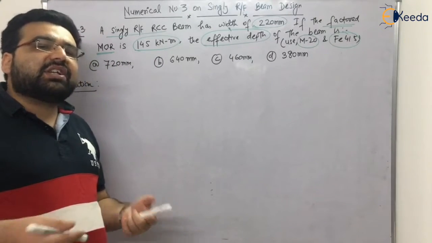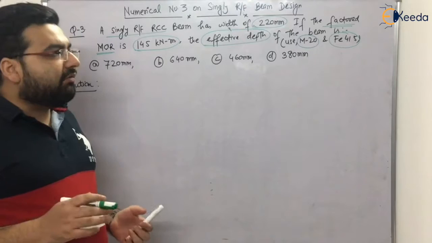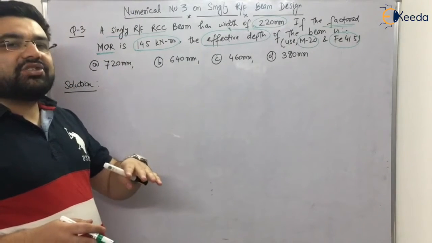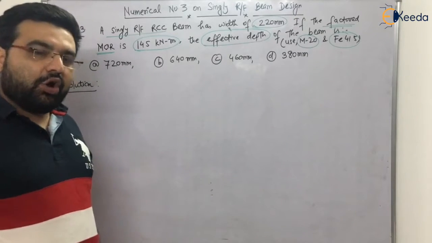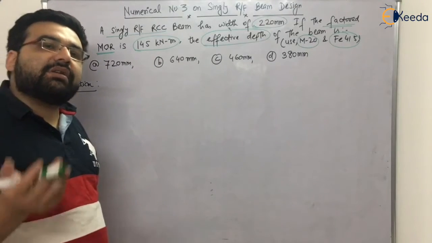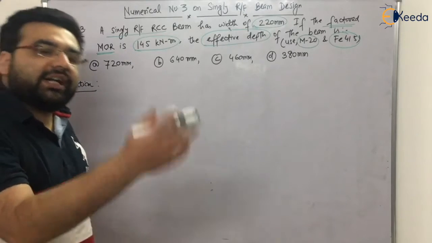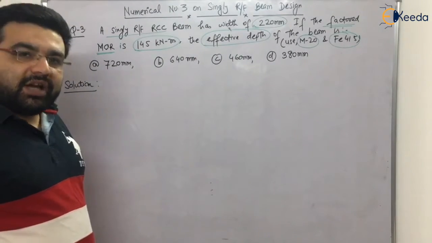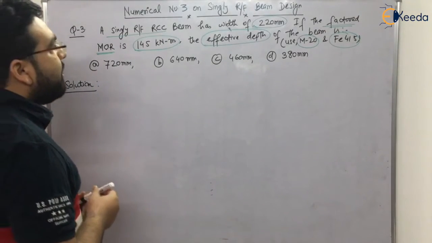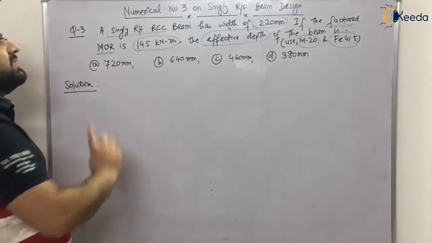What is a balanced section? Again, I'm repeating: when the concrete as well as the steel reach their maximum stress simultaneously. Or you can say that the moment of resistance can be determined either with respect to concrete or with respect to steel, depending on the data given. Now, in this question the factored moment of resistance is given to you.